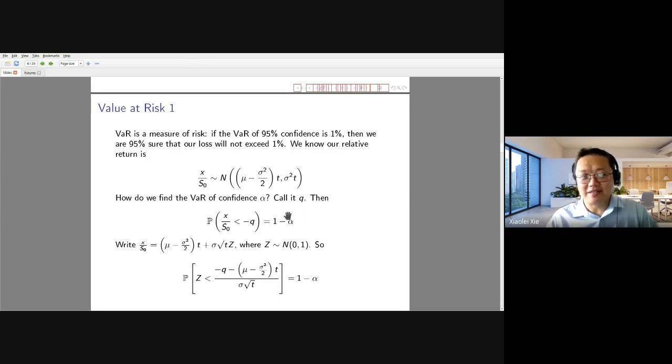So let's say this value at risk is Q, and then we can just solve this equation to find it out.